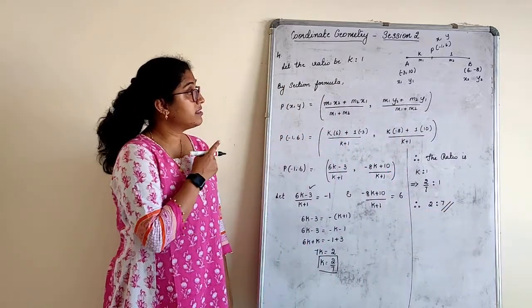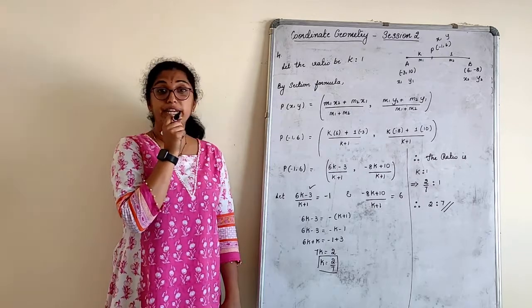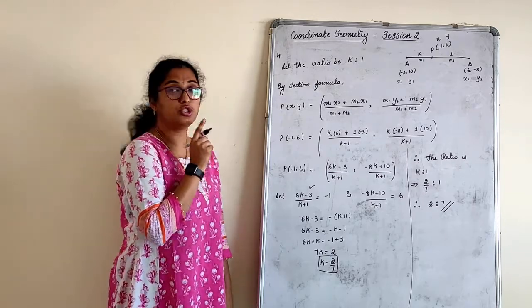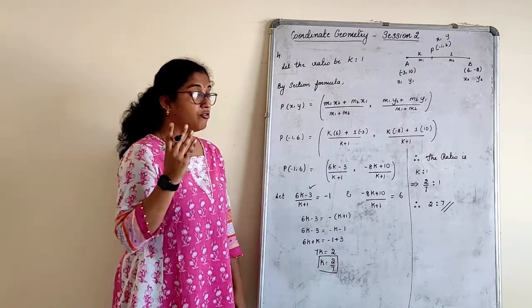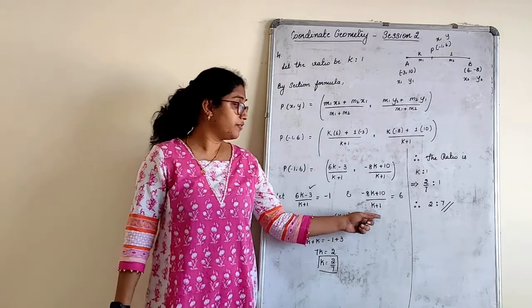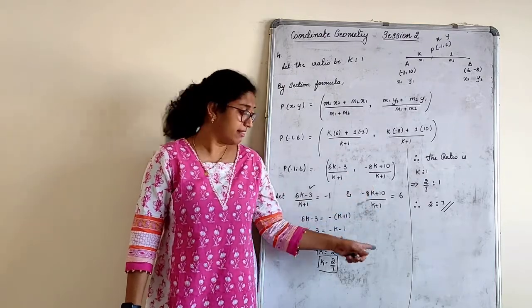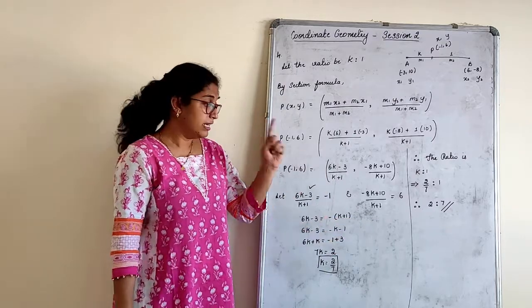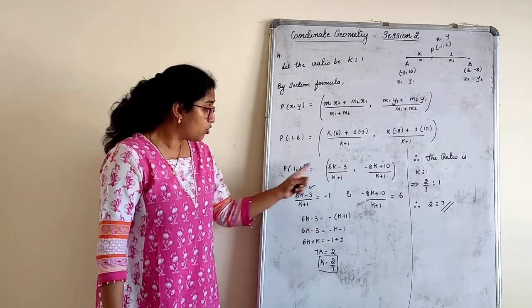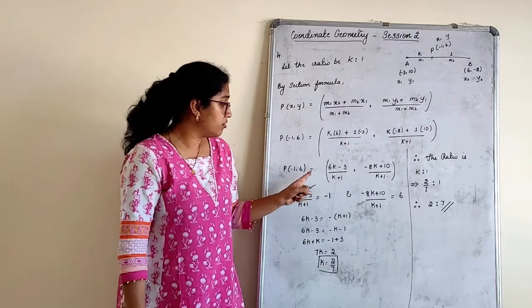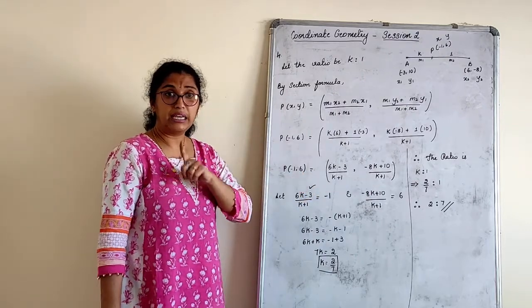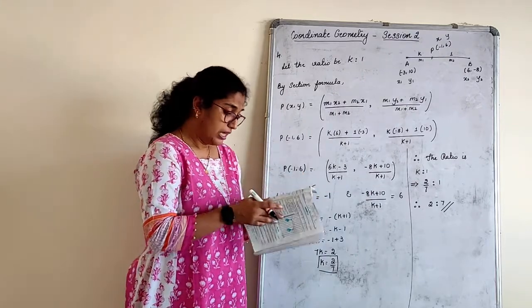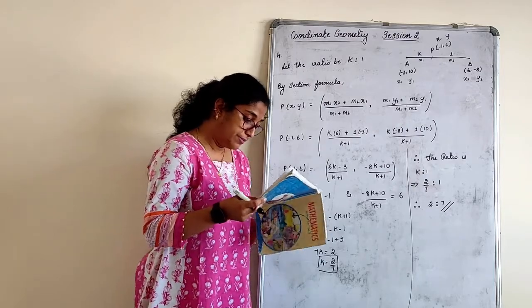Conclusion: the line segment AB divides at the point P in the ratio 2 is to 7. This is how you are going to conclude it. You can even solve for this children if you want, and you have to get that as 2 by 7 only. If you don't get it, you have done it wrong. Remember to compare this coordinate with x and this coordinate with y only. Okay? Remember that. And the fifth one.